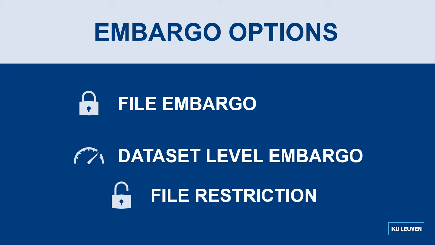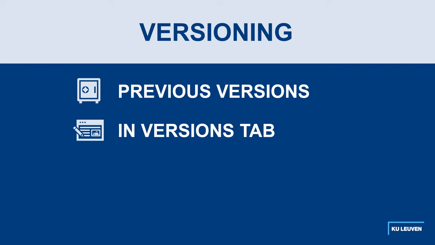It's important to correctly restrict or embargo files before you submit it for review for the first time, because Radar works with versioning. This means that if you publish a dataset with an unrestricted file and then make an update in which you restrict the file, the previous version with the unrestricted file will still be accessible through the Versions tab at the bottom of the dataset page. So be mindful of that.